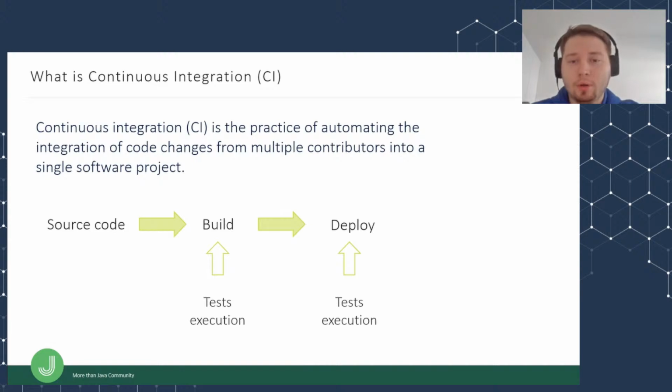But before it is deployed to the test environment, a lot of different tests should be executed to verify that your changes will not break the already existing and already correctly working flow. So let's talk about these different kinds of tests during continuous integration.